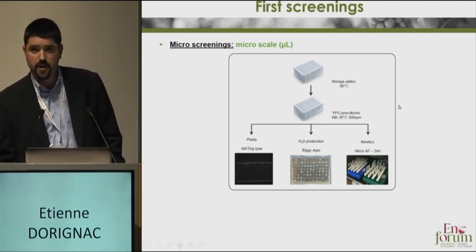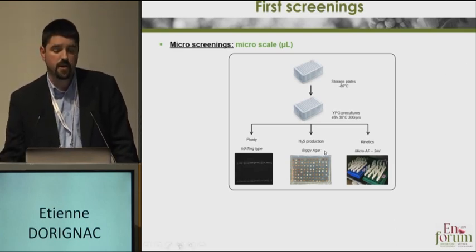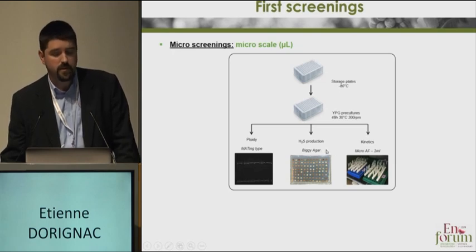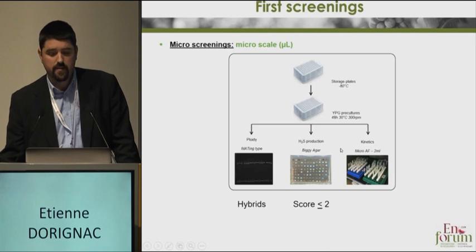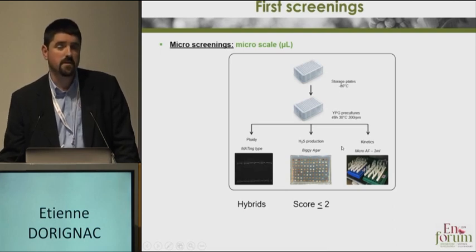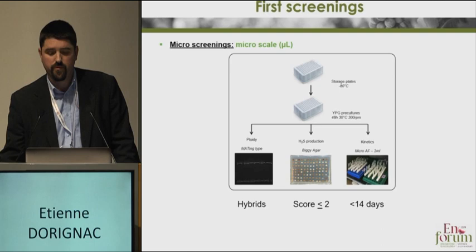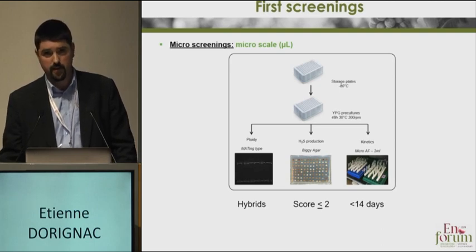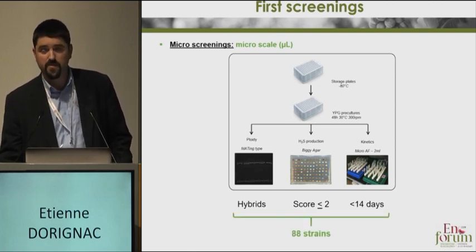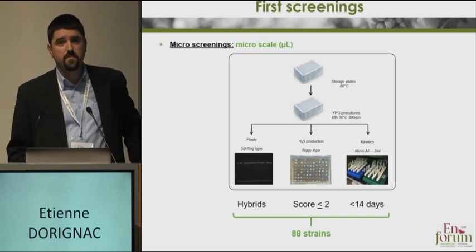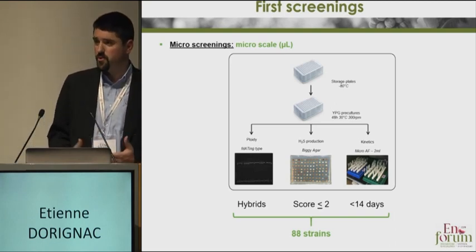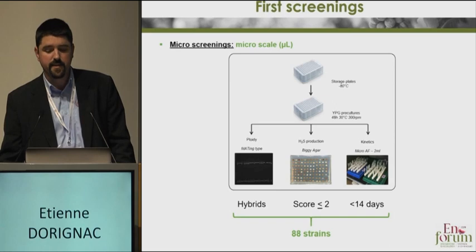Then the H2S production with the bismuth reaction, with the hydrogen sulfide production, and then some microkinetics. With hybrids scoring less than 2 for the production of H2S and less than 14 days of kinetics, we were able to go from 600 strains down to about 90 strains.